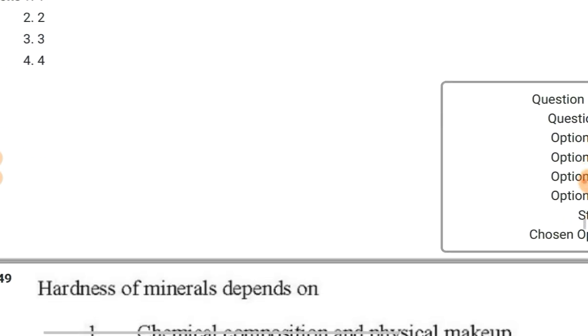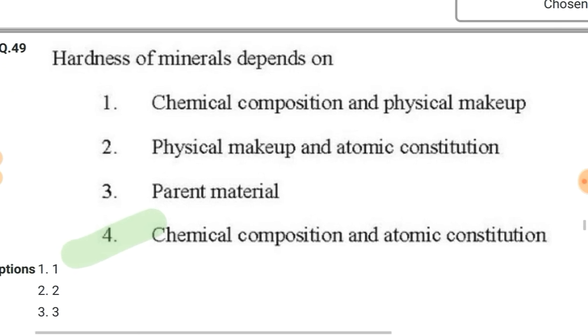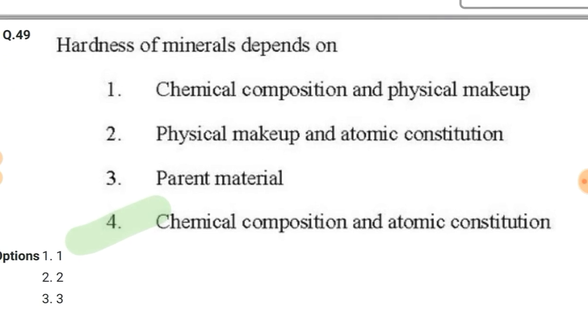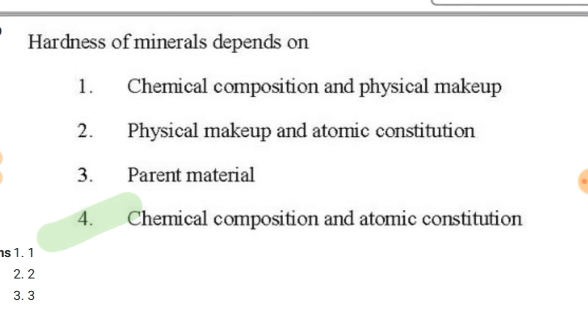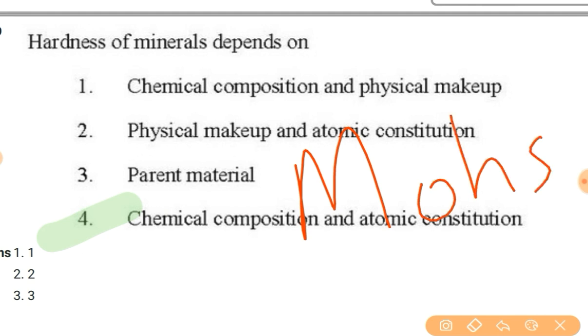Next question. Hardness of a mineral depends on what? Chemical composition and atomic constitution determine the hardness of minerals. One of the scales is called the Mohs scale of mineral hardness.